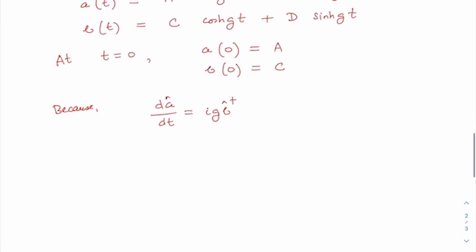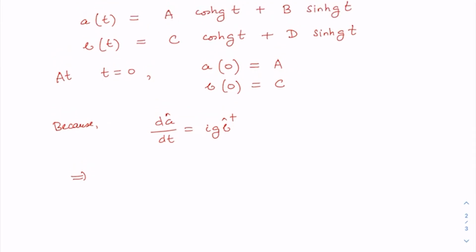If I take dA/dt, I will get Az sinh zt plus Bz cosh zt. These are very trivial algebra, as you can see. Then I have iz b dagger, I also have B here, so A and B I have here.